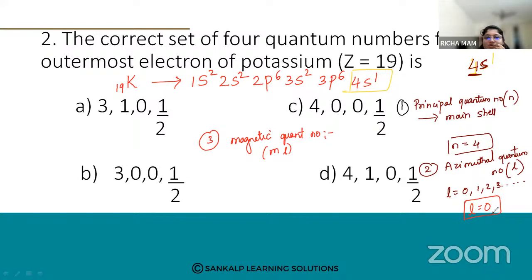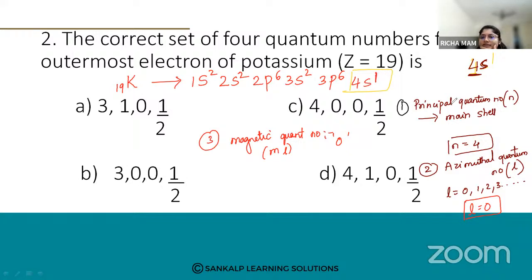So when l equals 0, the magnetic quantum number for 4s is 0.